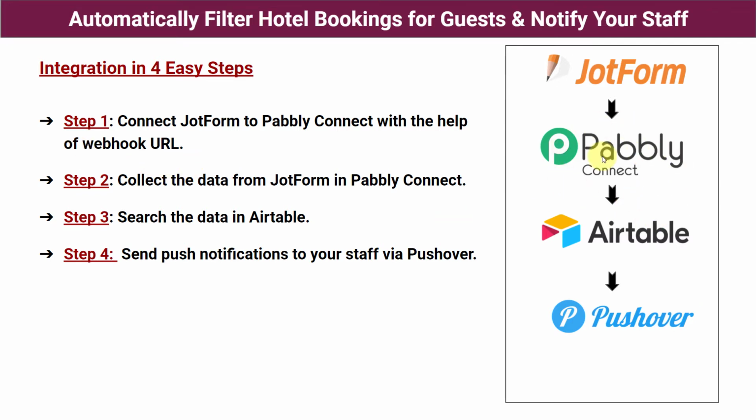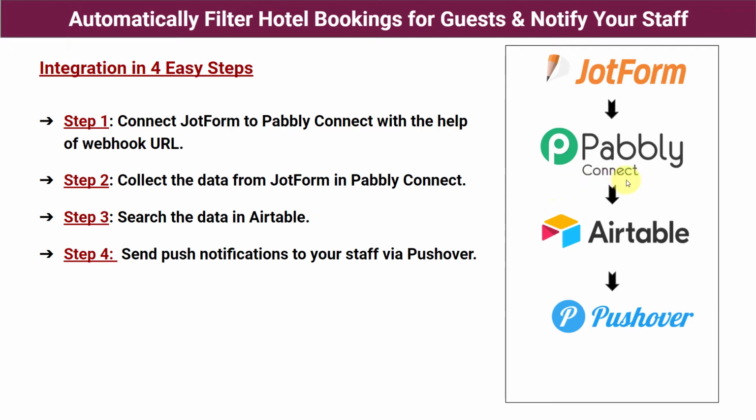So first of all, we are going to open Pabbly Connect and connect our JotForm with Pabbly Connect. Step 2 is to collect the data from JotForm in Pabbly Connect. In the second step, we'll bring the data from our JotForm responses here into Pabbly Connect. Step 3 is to search the data in Airtable.